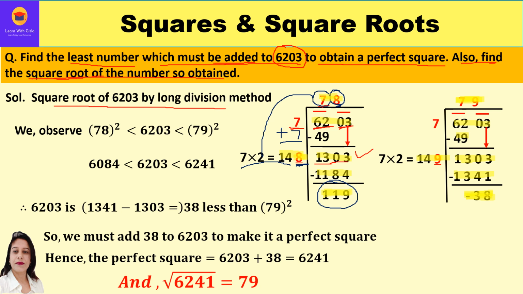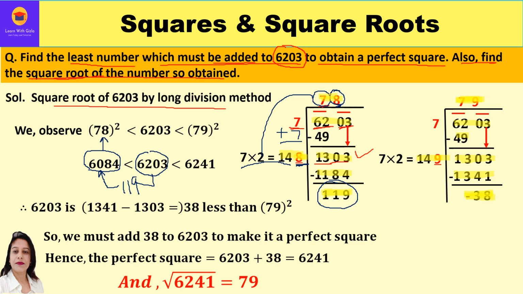So as you can see over here, my number is 6203, and if I subtract 119 from here I will get a perfect square number 6084, which is the square of 78, right? So in the question, if they ask what should be subtracted, which we have already learnt in the previous video, then we can subtract 119.